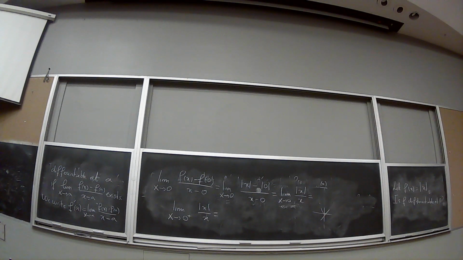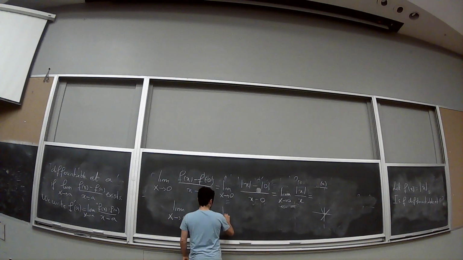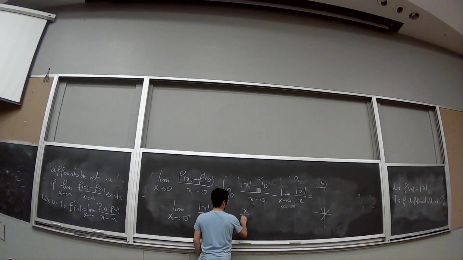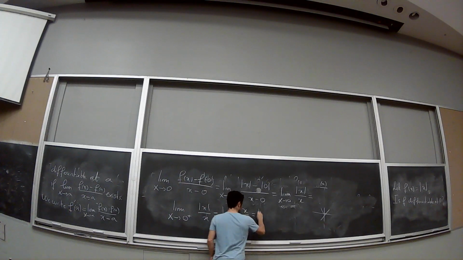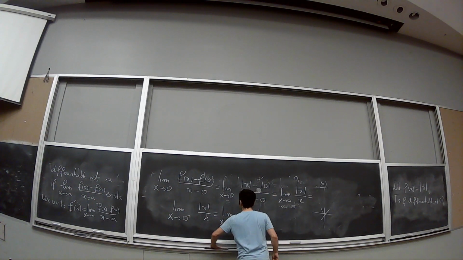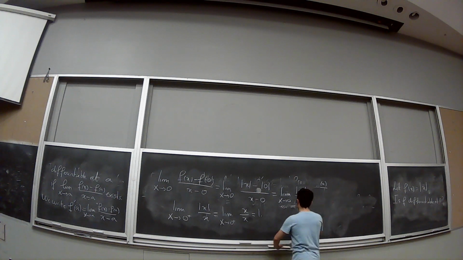It's x, right? Absolute value of a positive number is the number itself. You agree? Absolute value of 5 is 5. Absolute value of 0.1 is 0.1. So the absolute value of x if x is positive is equal to x. What is the limit here? 1.